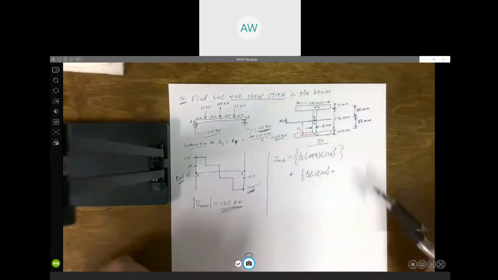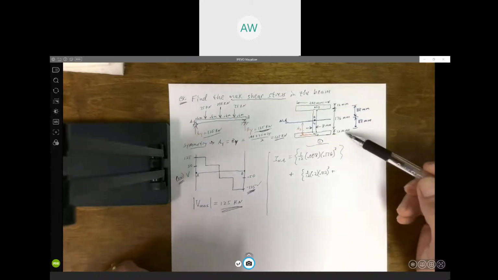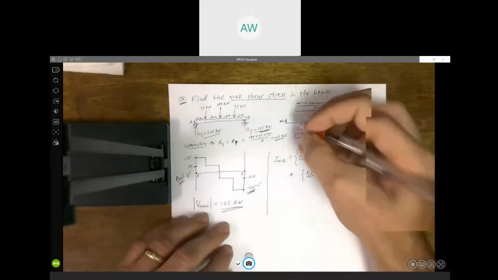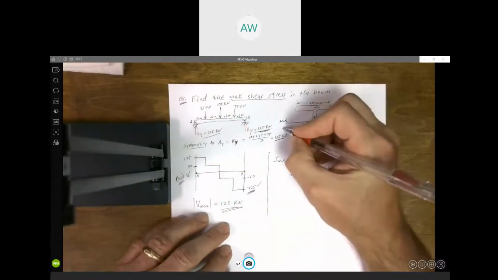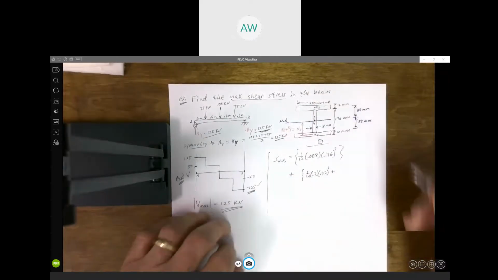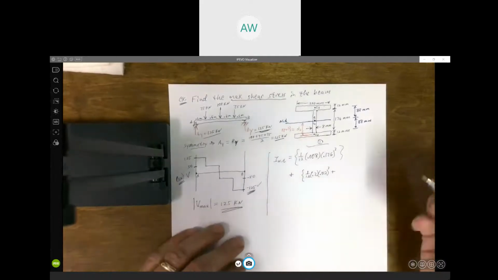Now that distance would be 88 plus half of 12, which is 6, so 94 millimeters.